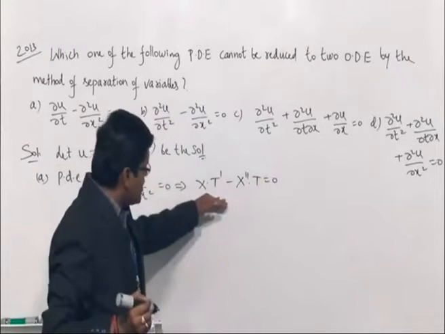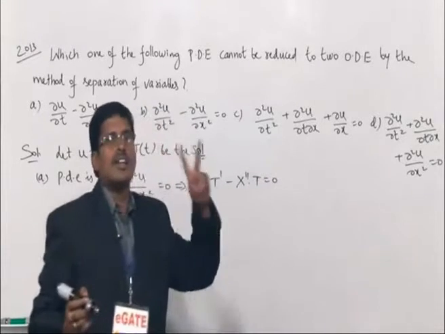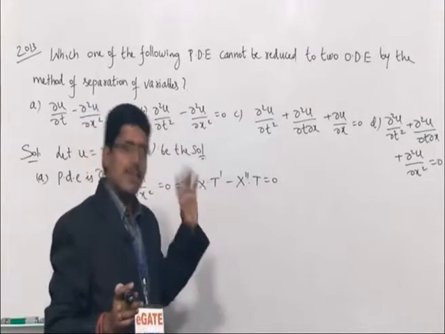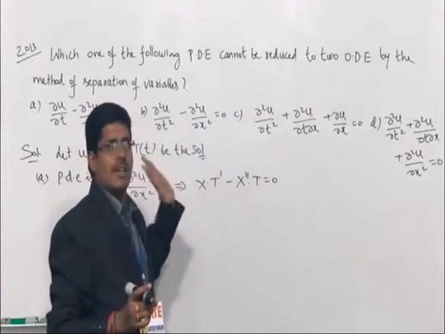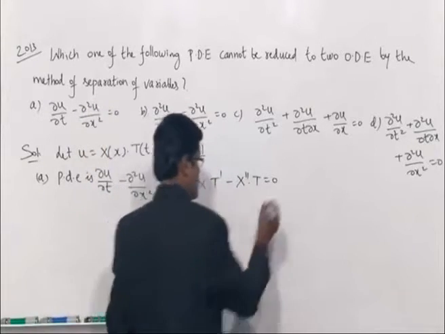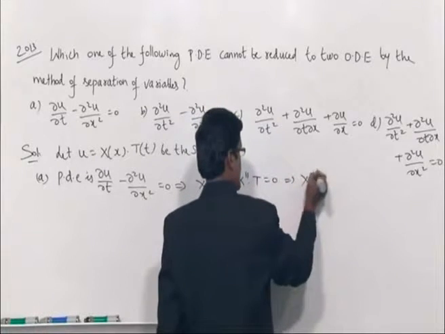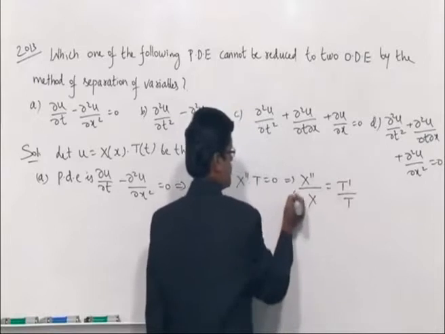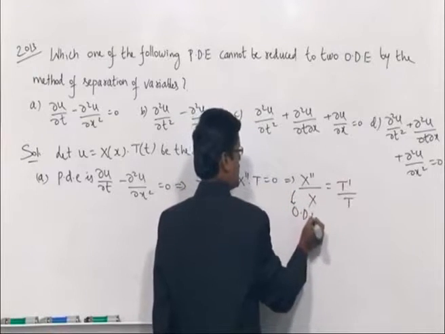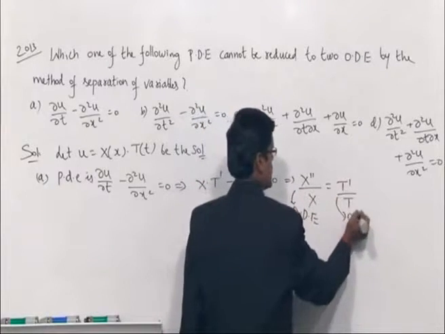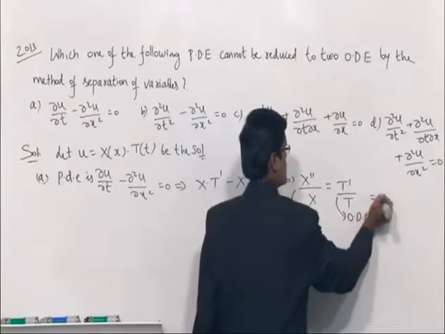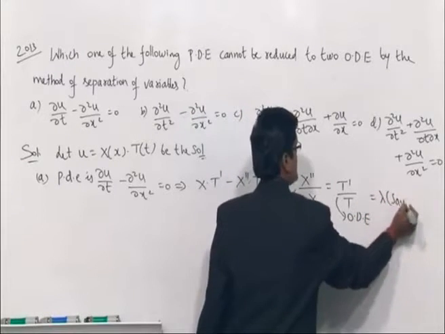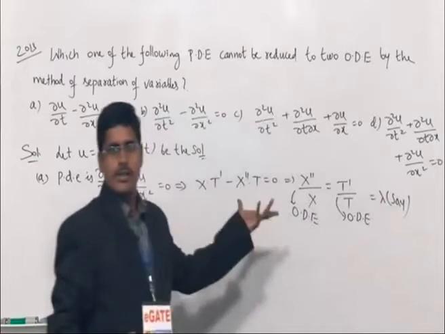Now you show whether this goes to two ordinary differential equations or not. Otherwise, that is the option, the answer. So this is reducible to x double dash by x is equal to t dash by t. So this is an ordinary differential equation, and this is also an ordinary differential equation, equal to lambda, a constant, say.